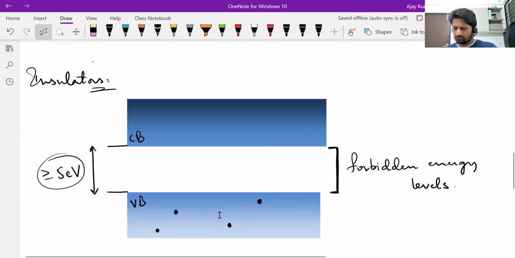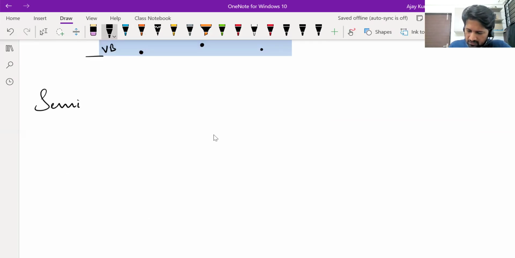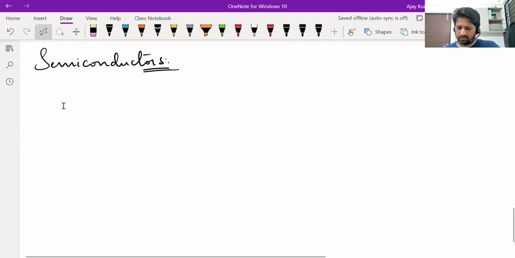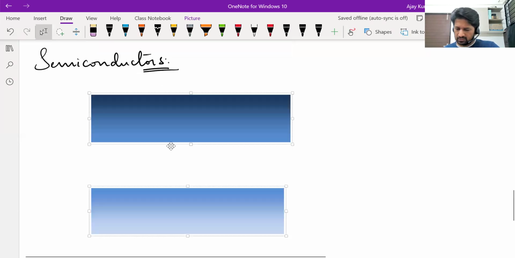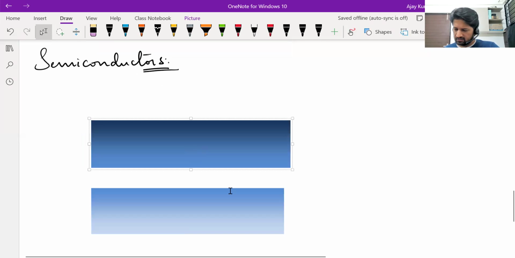Now, in case of semiconductors, that is the topic of this chapter, the energy gap between the conduction band and the valence band is small.